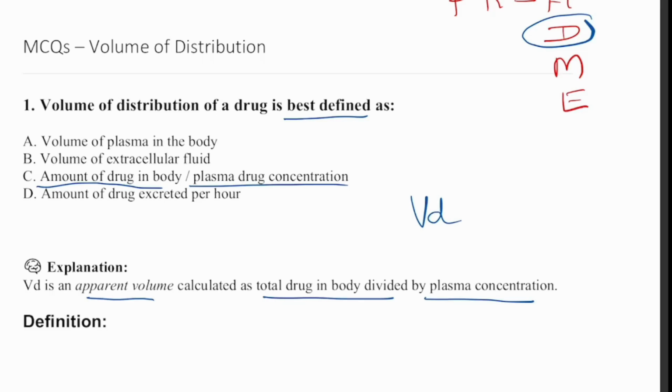So what is the definition? Volume of distribution is the apparent volume that would be required to contain the total amount of drug in the body at the same concentration as in plasma. That is the term you should remember: the apparent volume.